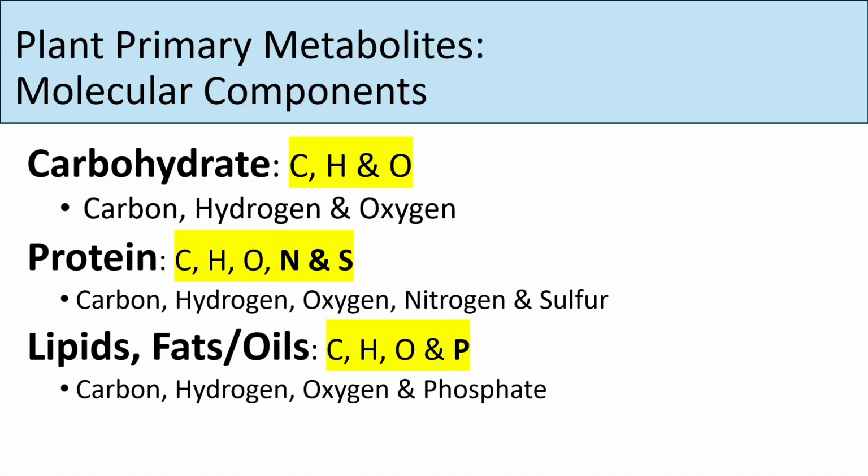As the plant begins to compose structure, carbohydrates are the first plant primary metabolite, followed by proteins, followed then by lipids, which are our fats and oils. Please note here that carbohydrates are carbon, hydrogen, and oxygen.